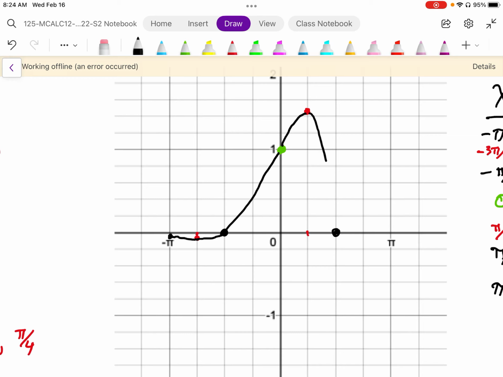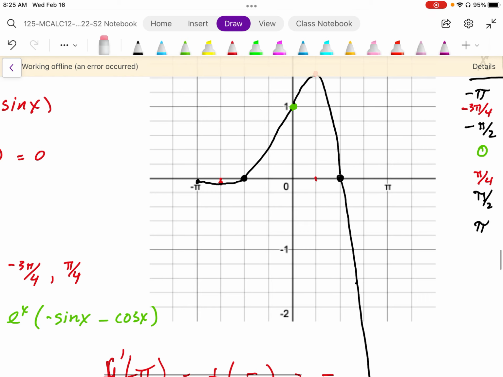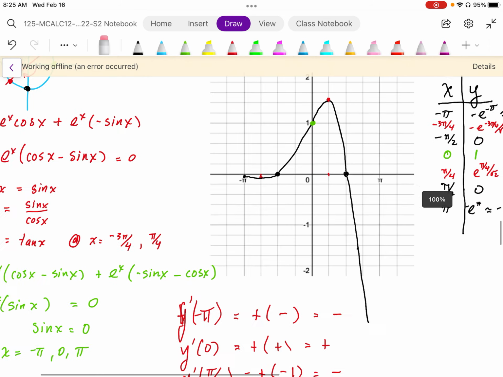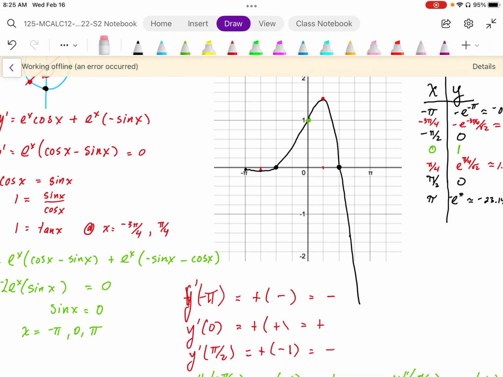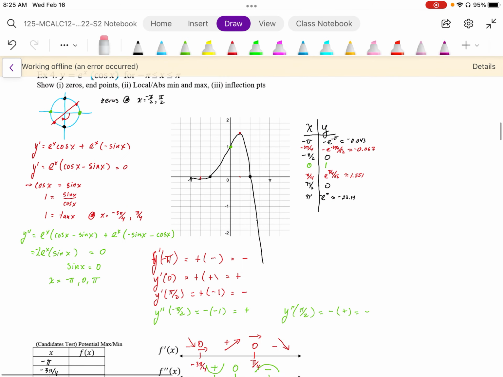We end up with a max, then a 0 here, and it's going to go way, way down. At those endpoints the second derivative equals 0, so there are potential changes in concavity at those points, but we don't need to worry about them because we're only going to graph from negative pi to positive pi.